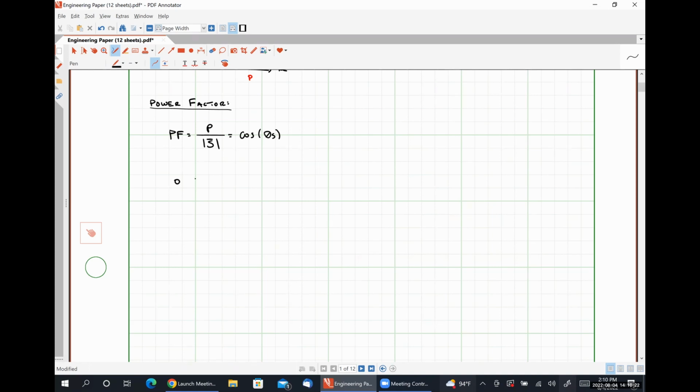So when 0 is less than theta s is less than 180 degrees, we have a lagging power factor. And that simply means that the current is lagging the voltage, which indicates that we have an inductive load.